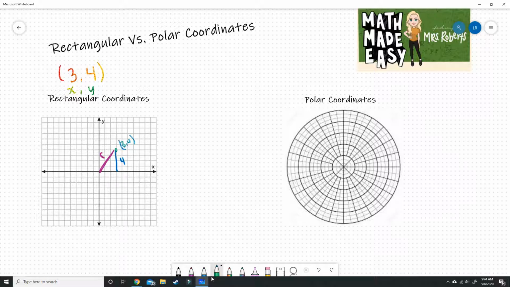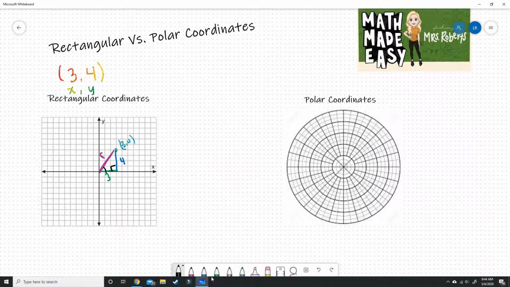And this distance here would be my horizontal component, which is 3. And of course, this is a right triangle. And knowing this information, if this is theta, 1, I could figure out what r is, and 2, I could figure out what this angle is.